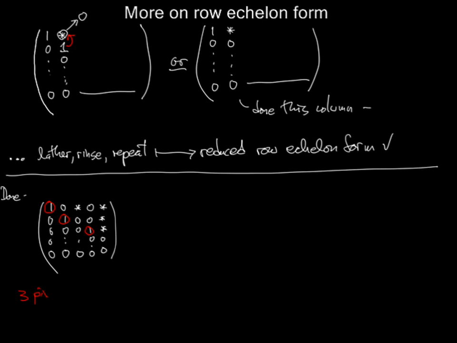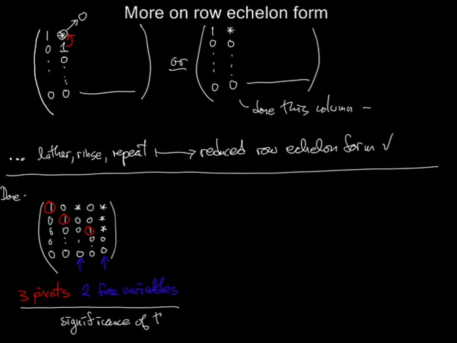I've circled the three pivots. And I've labeled the two free variables, the two columns corresponding to a free variable. And what does that say? What's the significance of these two numbers, the 3 pivots and the 2 free variables? These are important numbers that you get out of this matrix.